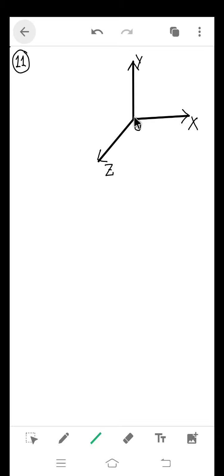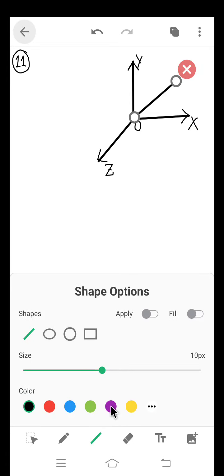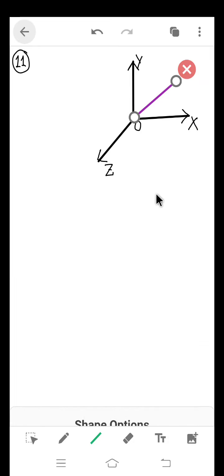Now you have to consider a vector which is equally inclined to all the axes. You can take some different color. This is the vector, say vector A, and let this vector make equal angles, that is, be equally inclined to all the axes.